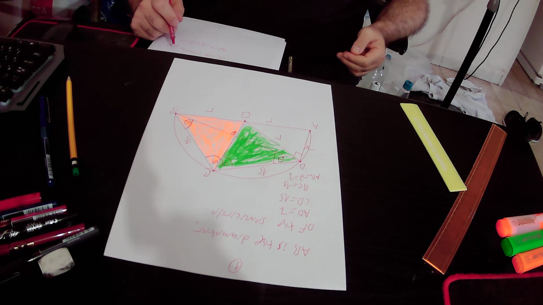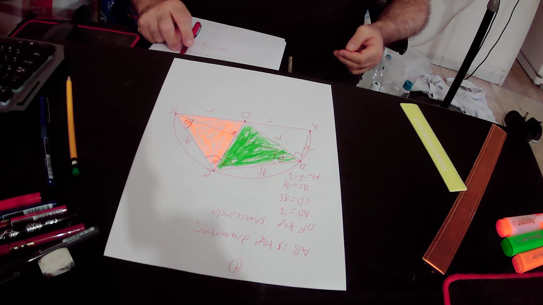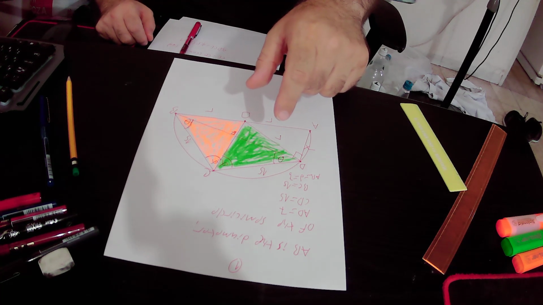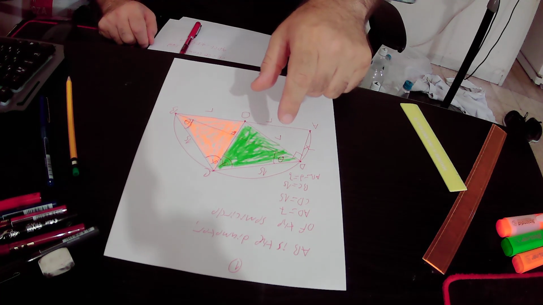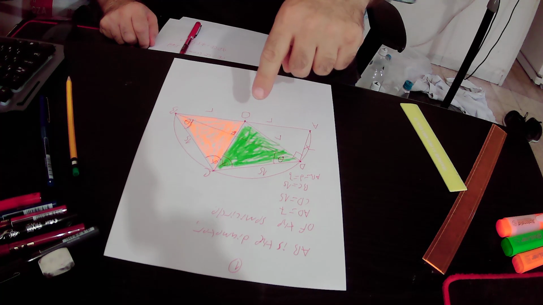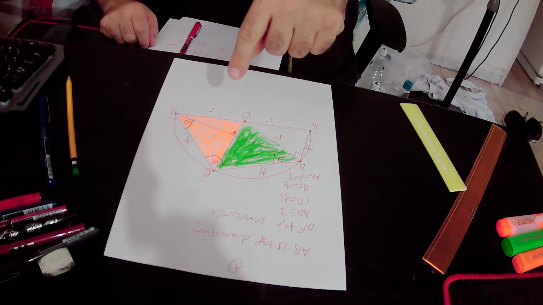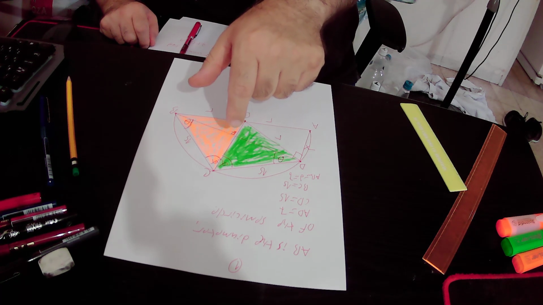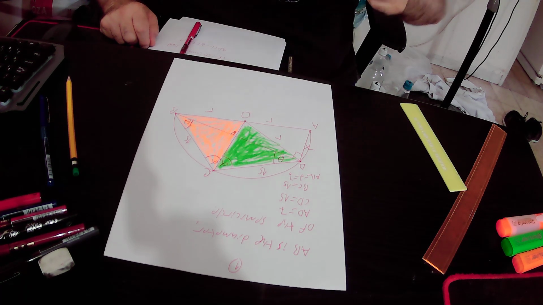So we actually proved that two sides and the included angle alpha of the green triangle are equal to two sides and the included angle alpha of the orange triangle.